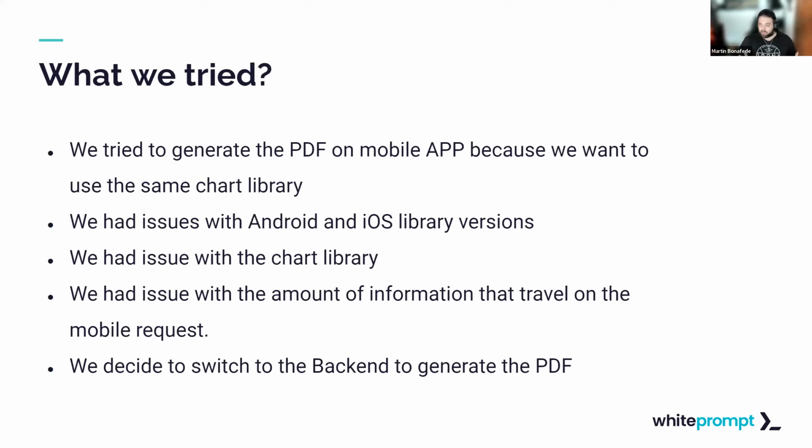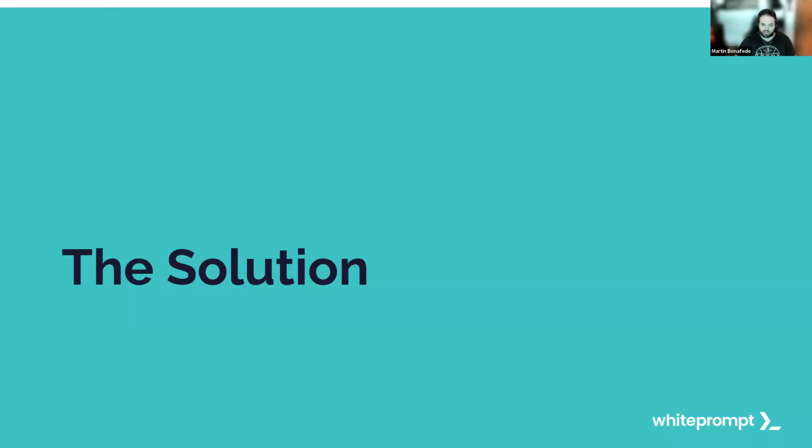The request was big because you have to request a lot of information from the backend. The call to the endpoint is quite big, the JSON that returns, and the frontend has to generate everything. So we decided to move it to the backend. We will not focus on each mobile and leave the responsibility and the performance to the mobile of each person.